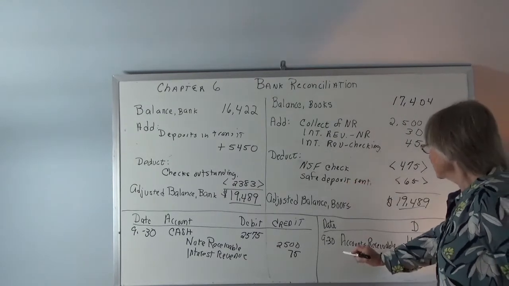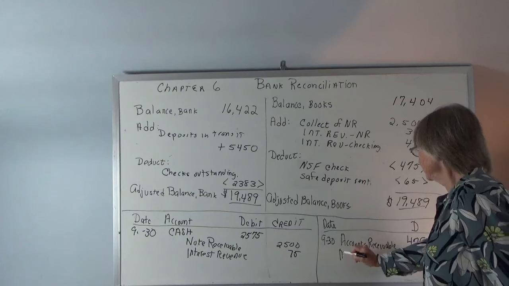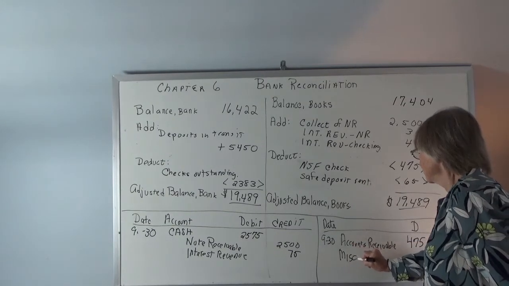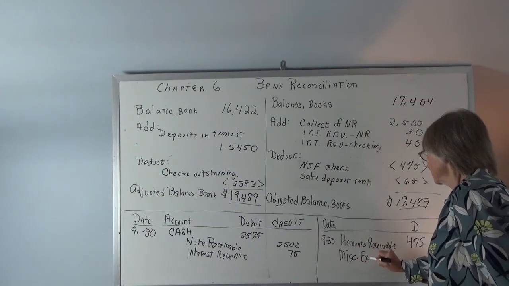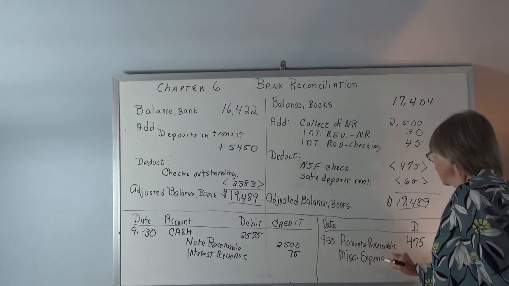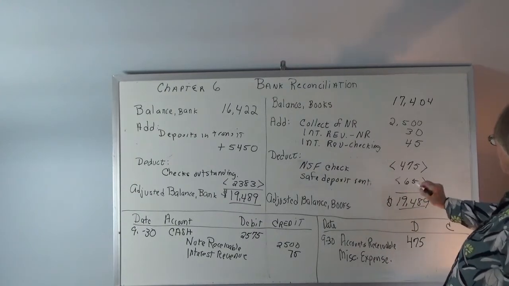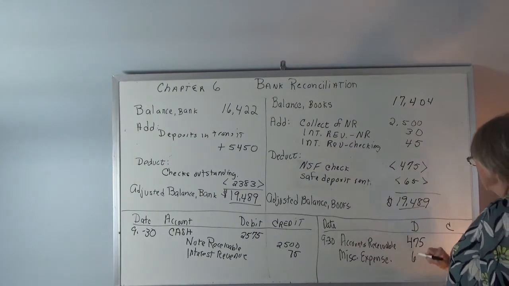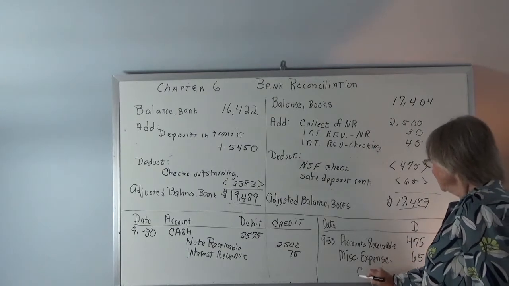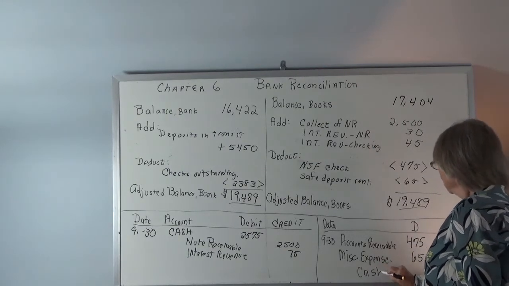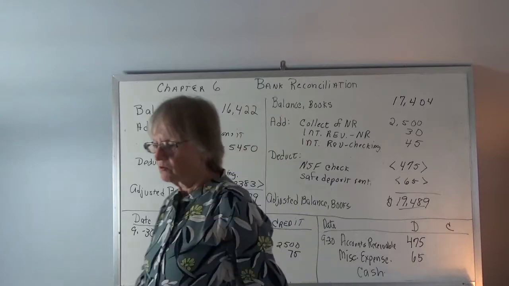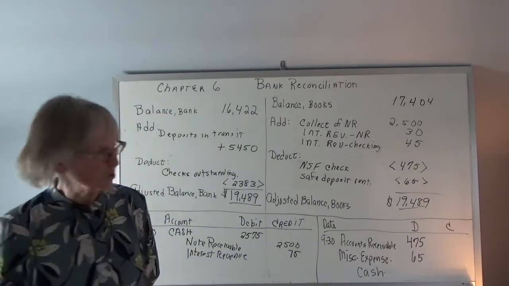Safe deposit rent, this could be a miscellaneous expense or office expense or whatever the proper category was for the company you're working for. That's 65. And then we would be crediting or reducing cash for 490.